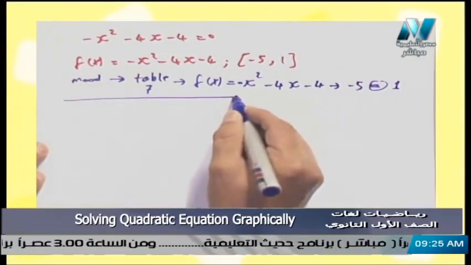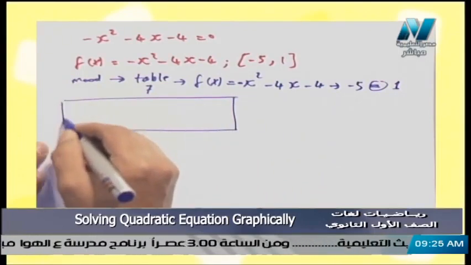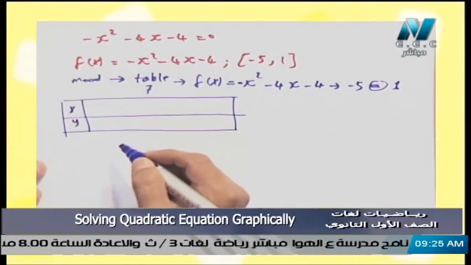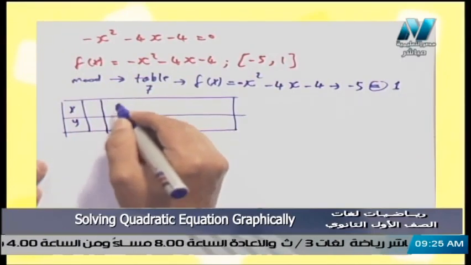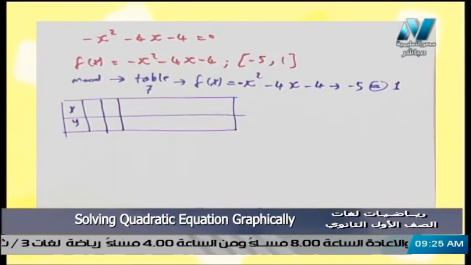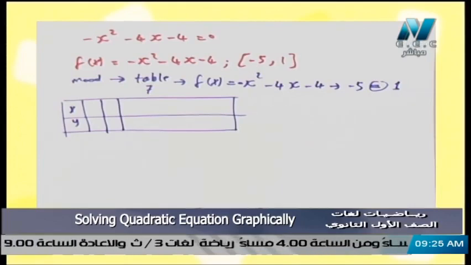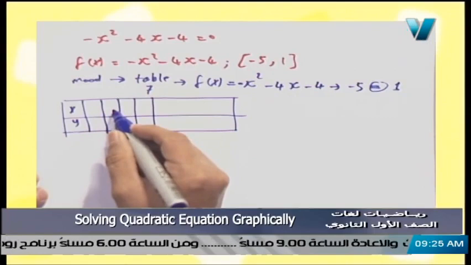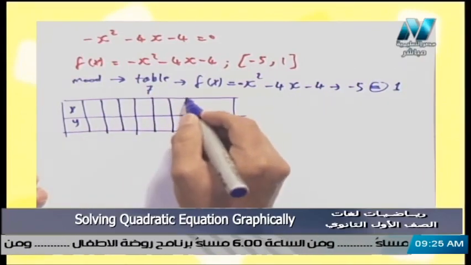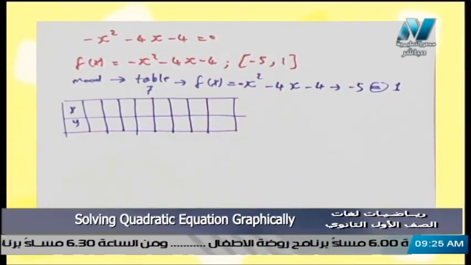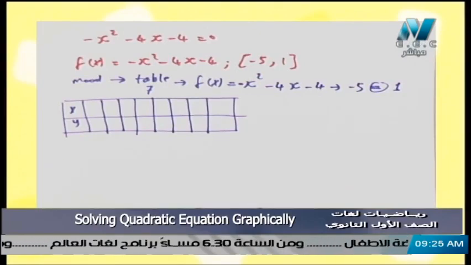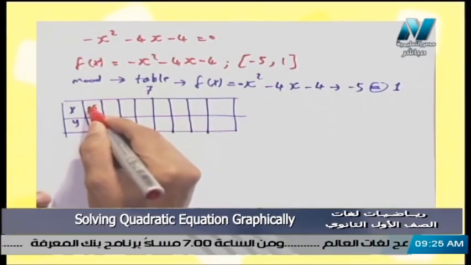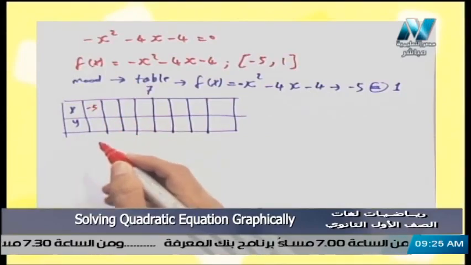This table will be like that, x and y. Negative 5 for x gives negative 9.